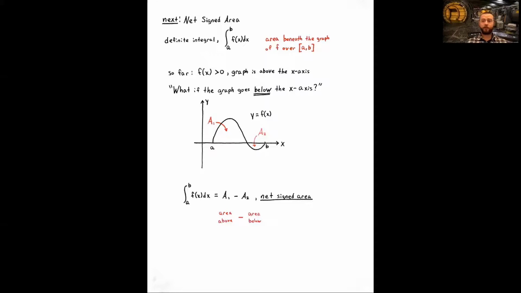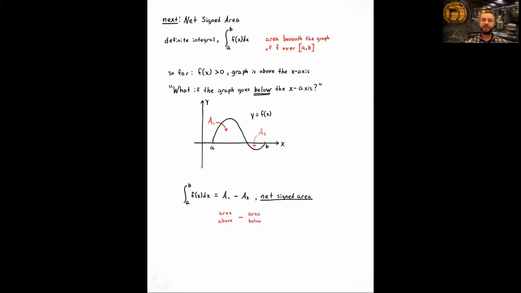To be more general, if the function goes below the x-axis, we have to account for that, and we define the definite integral as the area above, A sub 1, minus the area below, A sub 2. So we think of A sub 1 and A sub 2 as being positive area. We look at them as geometric figures that we're familiar with. And then since we have A sub 2 below, we subtract that.